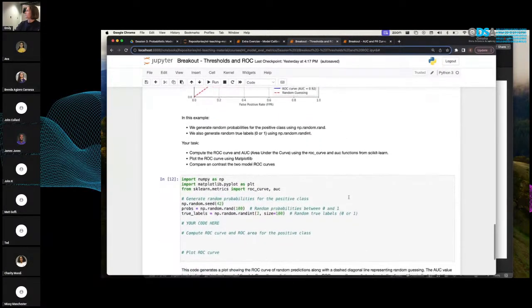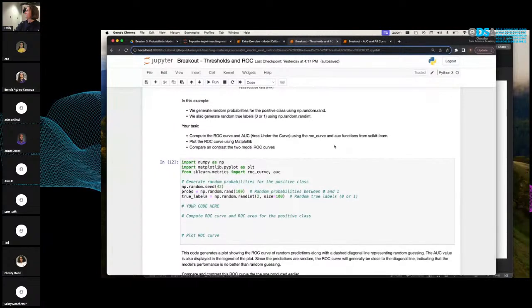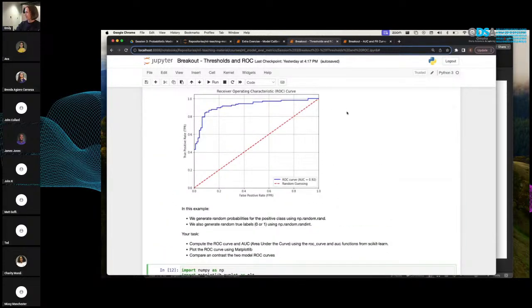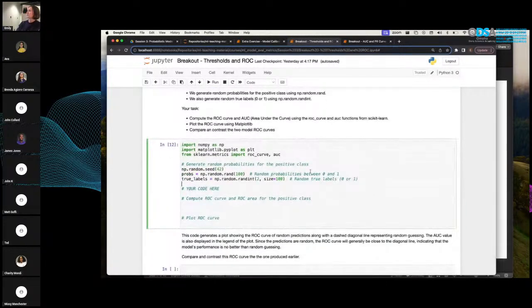Your task is, I set up some more data here. I generated some random probabilities for a positive class. What we're going to do is look at the difference between a trained model and a random model. So I made some probabilities that were just random, and then I made some random true labels.